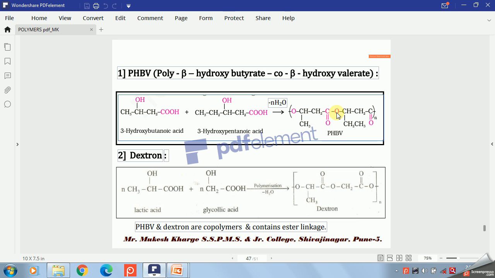Then next one is Dextron. During the formation of Dextron, lactic acid and glycolic acid are used as monomers.